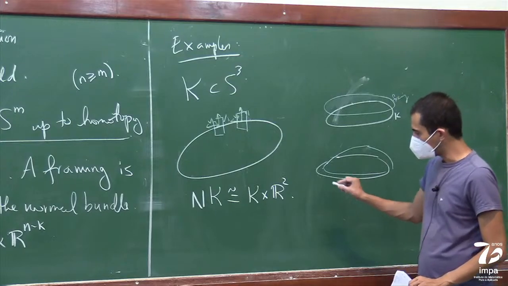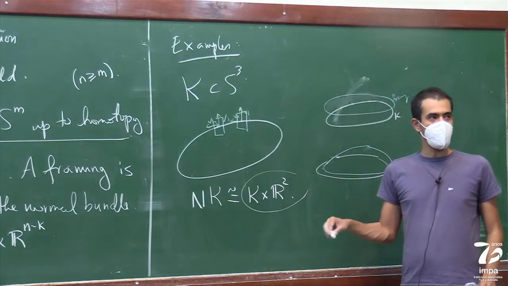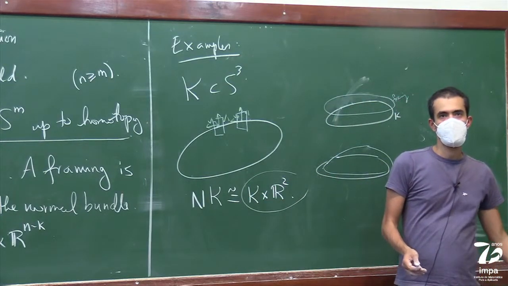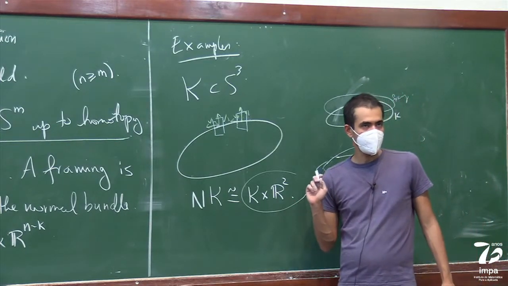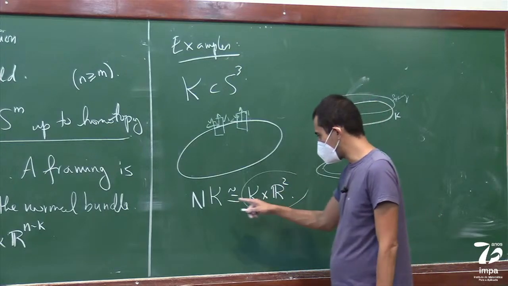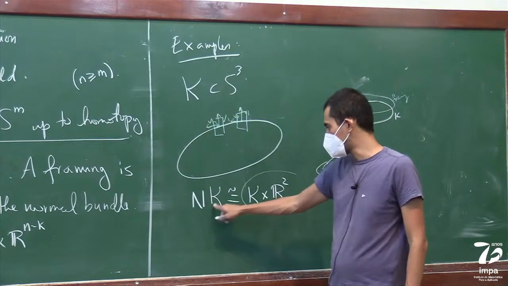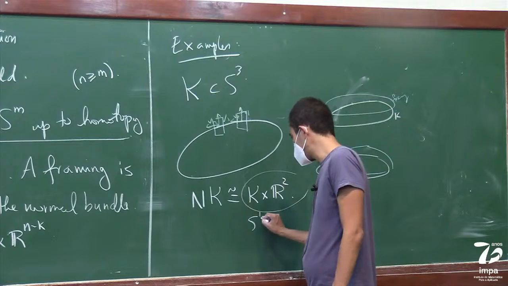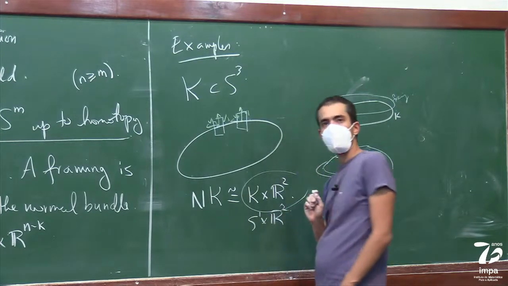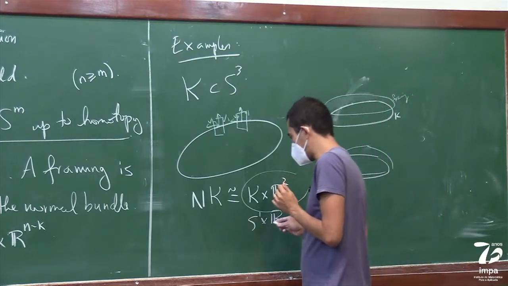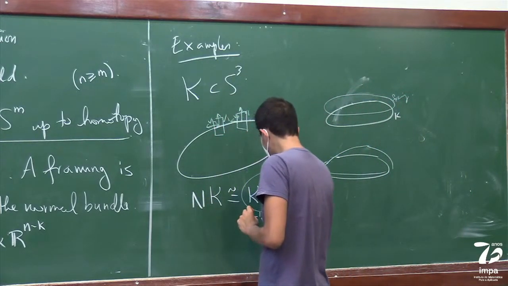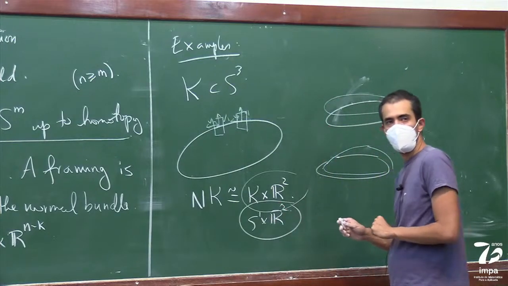But the thing that's cool is that once you have a trivialization, then you can change the trivialization. So once you have a framing, you can change the framing. And for knots, that's very easy, because a trivialization really is an identification of the normal bundle with S1 times R2. And you can choose another basis.